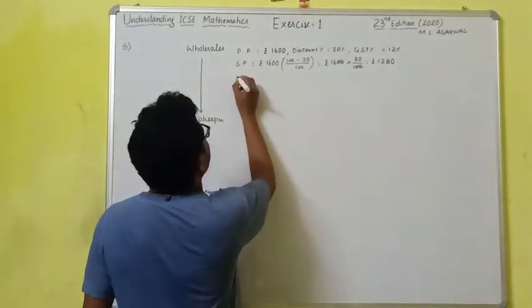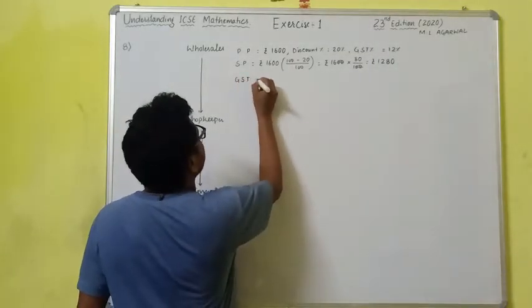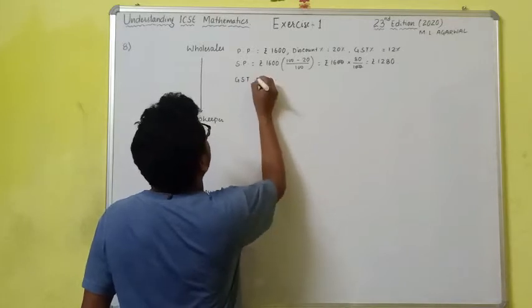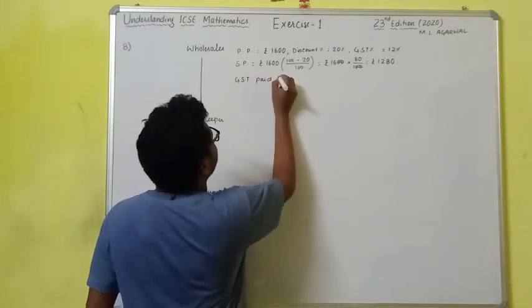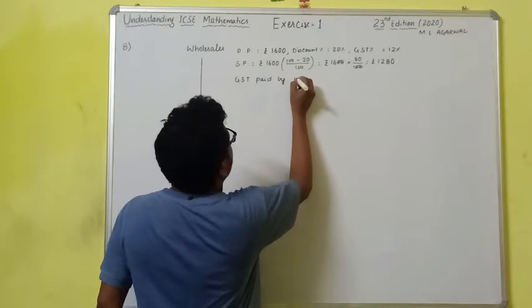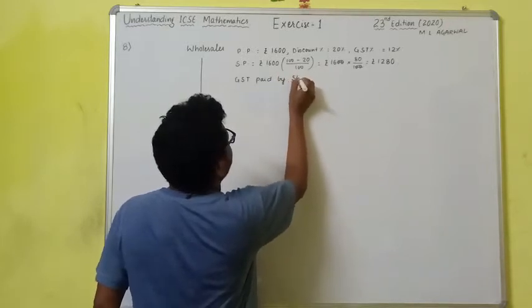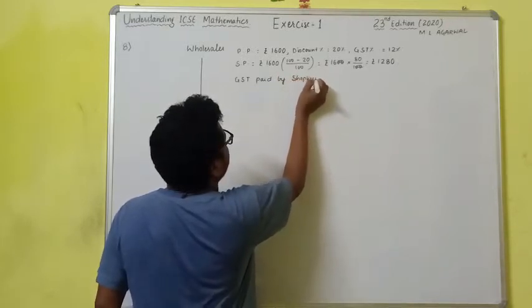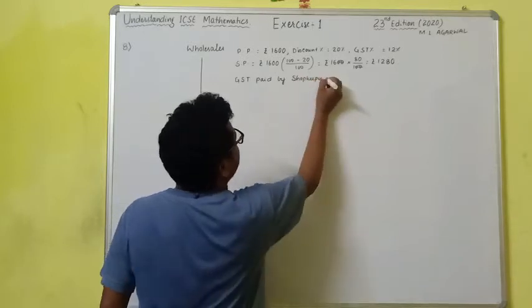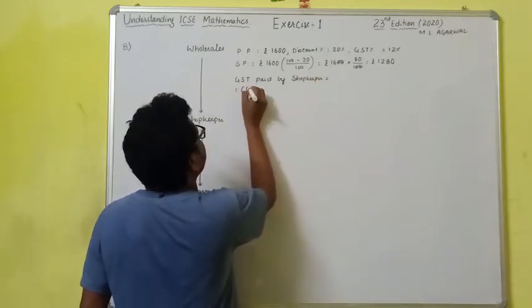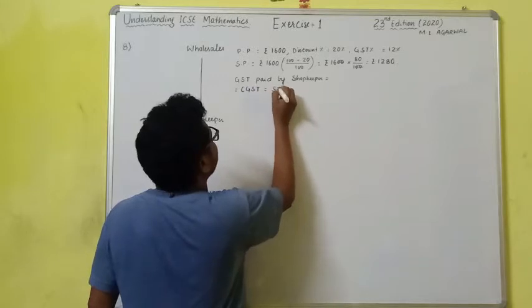Now the GST paid by the shopkeeper is equal to CGST along with SGST.